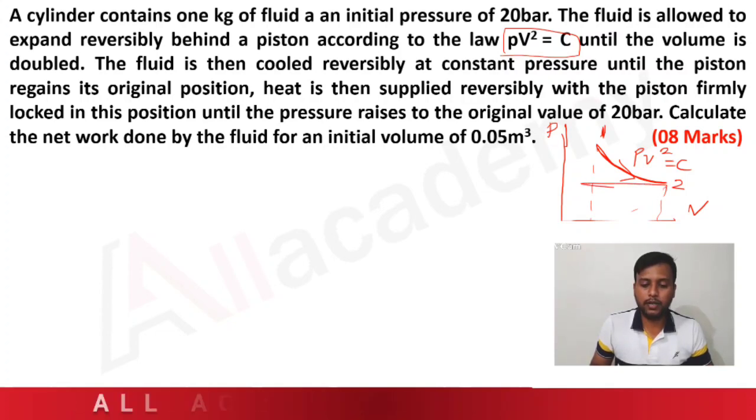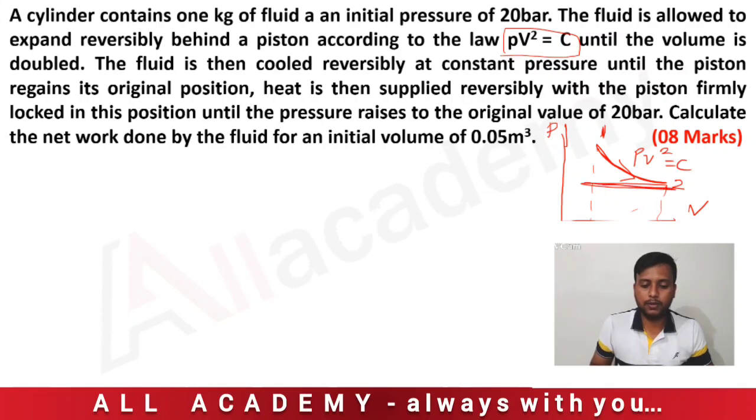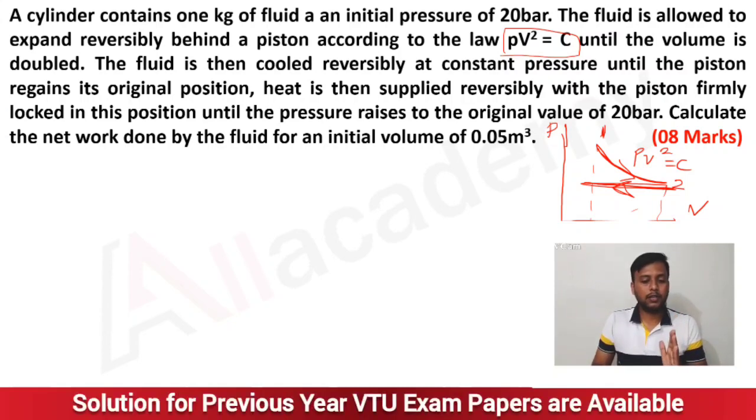I'll just draw a line in this direction. Then, by locking the piston at a certain position, the pressure is increased. That is nothing but a constant volume process, occurring on this side.